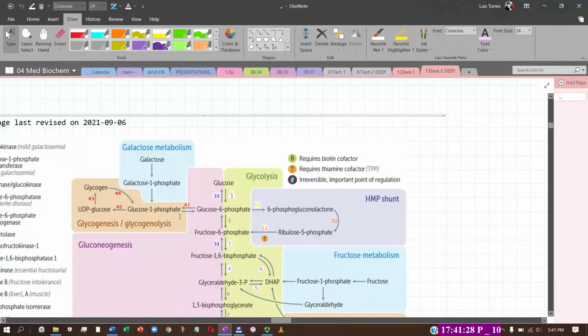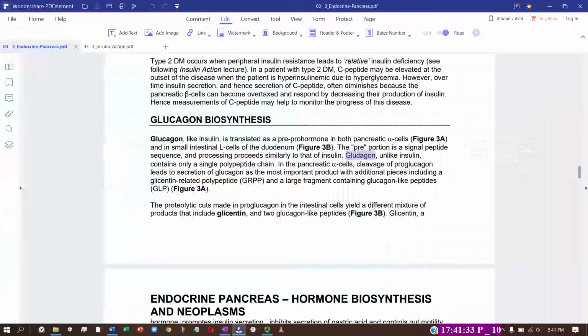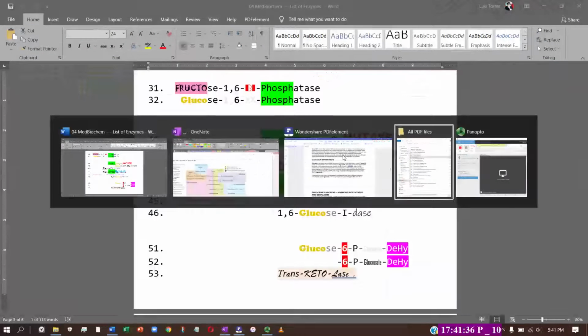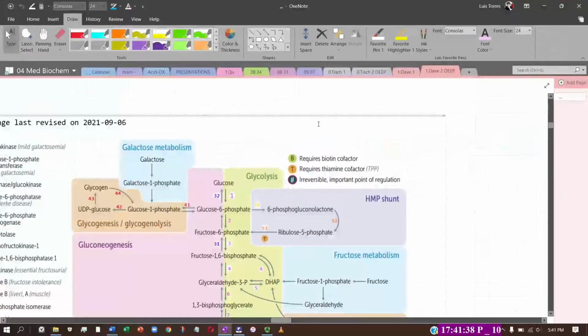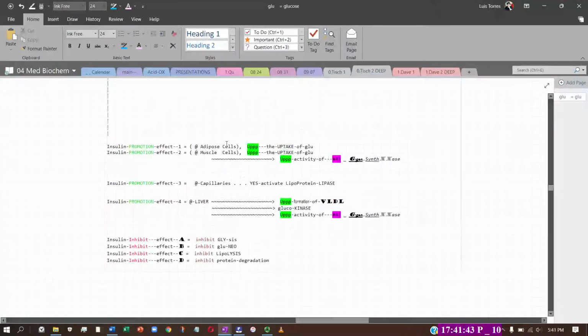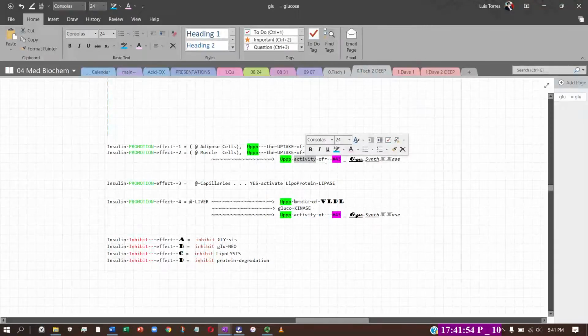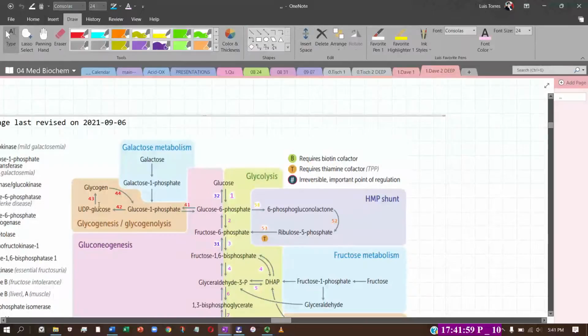So let's go back to those other notes. Effect number 1 of insulin, effect number 2 in the context of muscle cells, is that the activity of enzyme number 43, which is right here, turning UDP glucose into glycogen, essentially synthesizing glycogen, goes up.